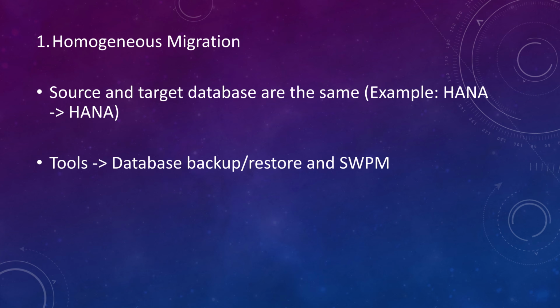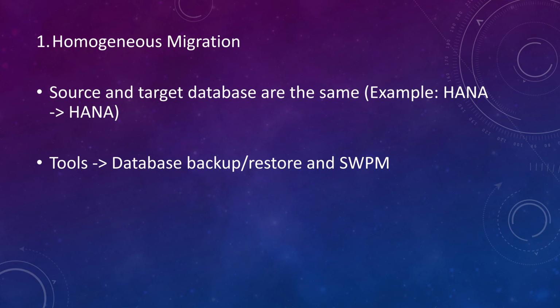Now, let's start with the first type, homogeneous migration. In homogeneous migration, the source and target systems use the same database. For example, migrating from HANA to HANA. Since both the databases are the same, this type of migration is usually simpler and faster.